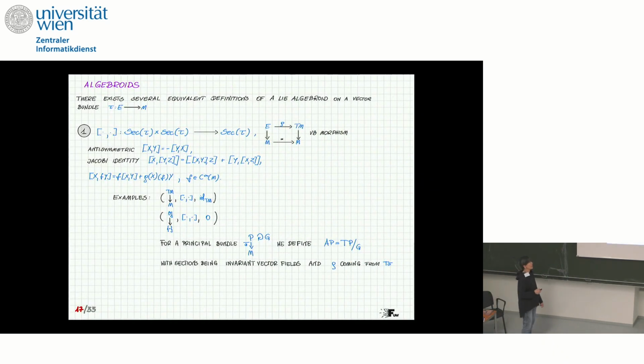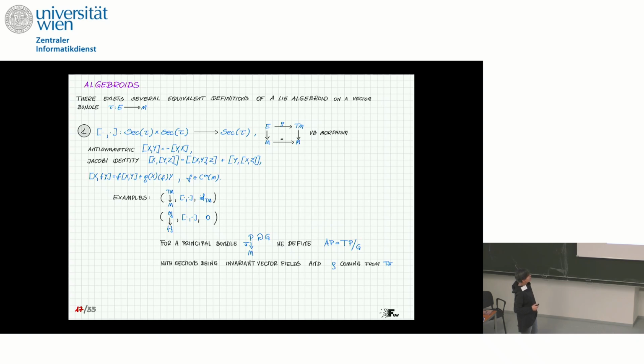Okay, so what is an algebroid? The standard definition of Lie algebroid is the following. You have a vector bundle. You have a bracket on the sections of that vector bundle together with some vector bundle morphism. And there are conditions. The bracket should be antisymmetric. The bracket should fulfill the Jacobi identity.